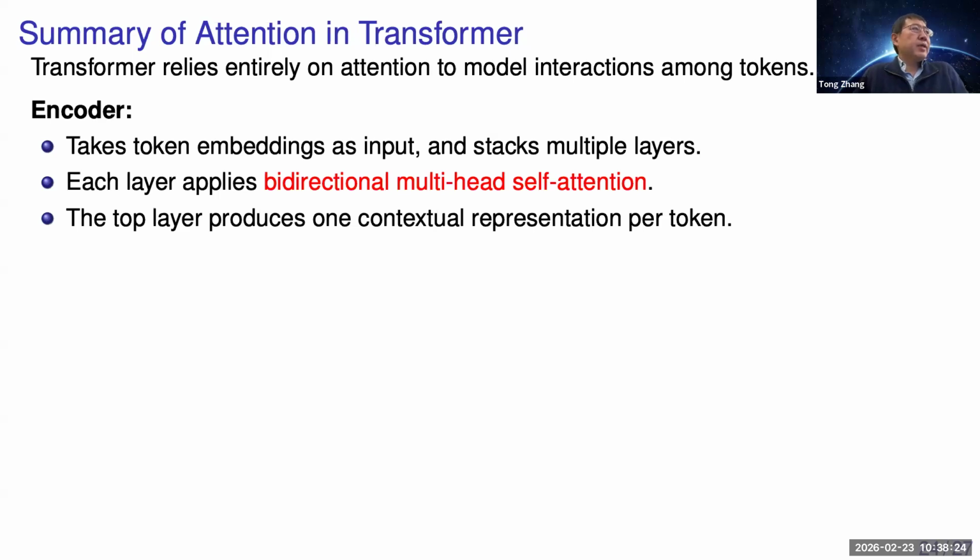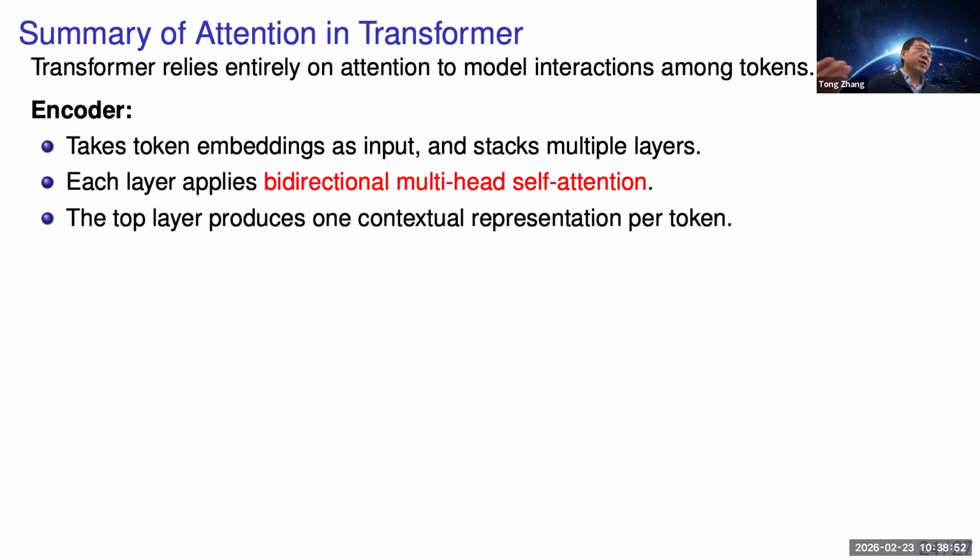So for the encoder, before you do the encoding, it's source information which you have already observed, given. It's like prompts, like the source language in translation. It takes token embeddings as inputs and stacks multiple layers. We have seen that. Each layer applies a bidirectional multi-head self-attention.